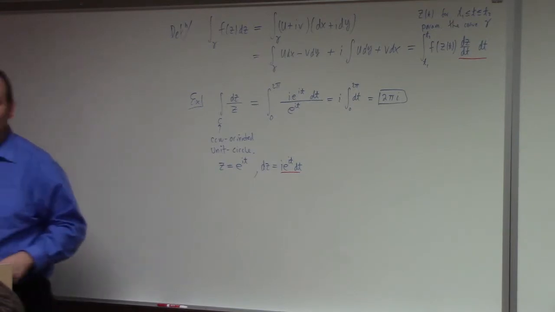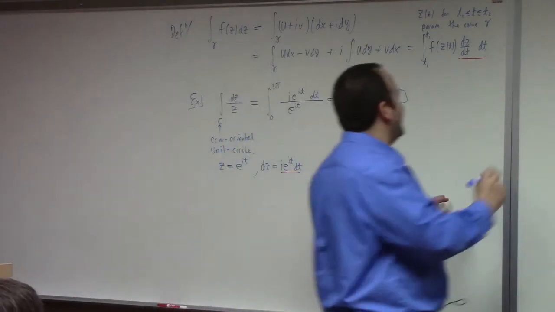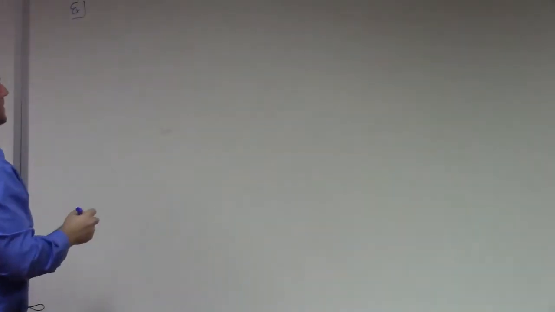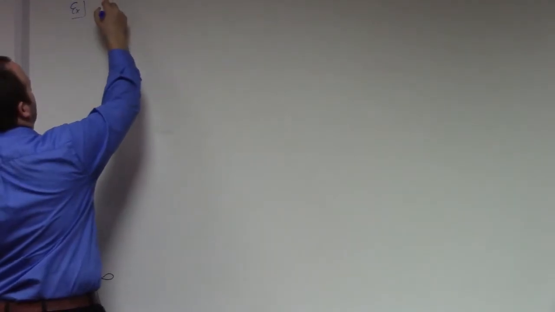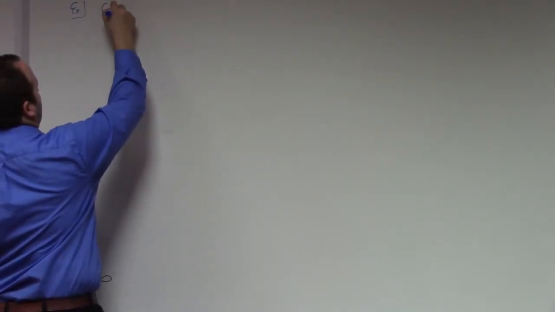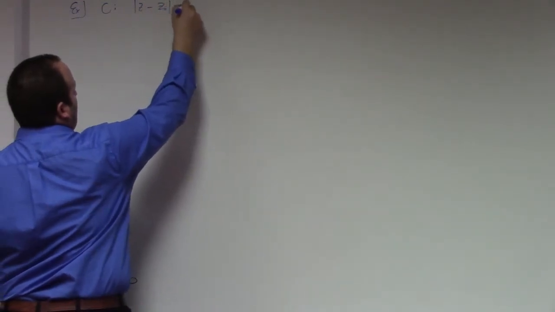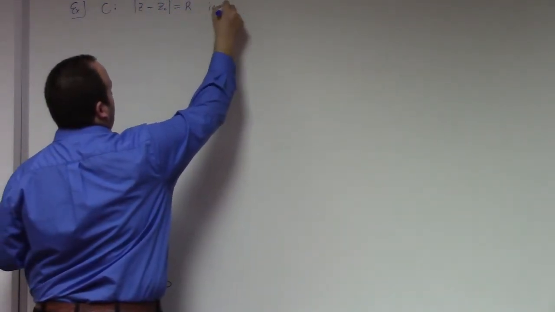All right, another example I should work out before I start projecting things. Let's look at the circle, which is basically given by |z minus z naught| equals r in the counterclockwise sense.